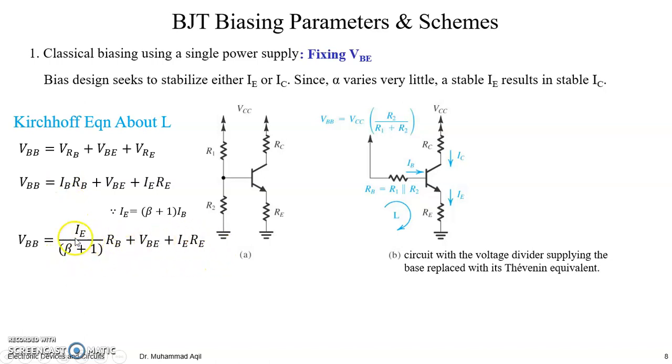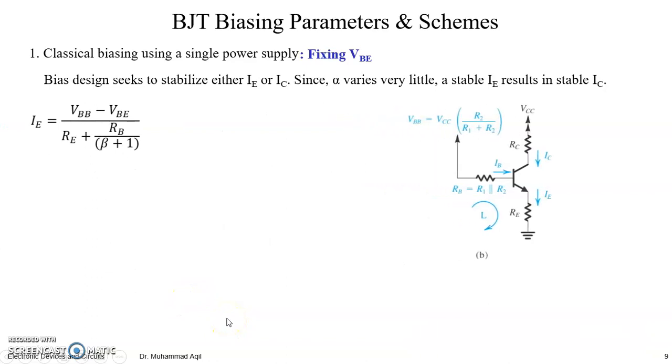So we have only the IE current left in this equation, right? Because we know that these are all related by a single equation. So if we find the relationship for IE on one side, then we can get this relation, right?